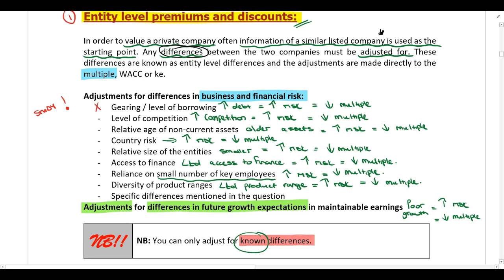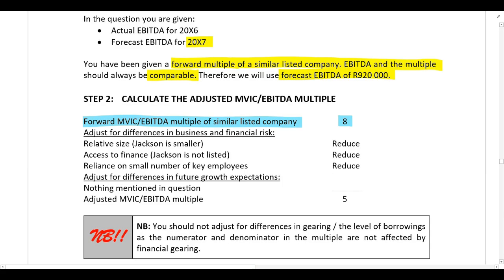We were not given information about the level of competition, the age of non-current assets, or country risk. However, we are valuing Jackson Pty Limited, a small family-run business. So we know that the company is going to be smaller than the similar listed company. So we do need to adjust for this. If the company is smaller, they are more risky, meaning that we need to decrease the multiple.